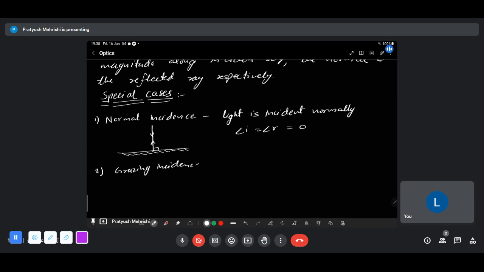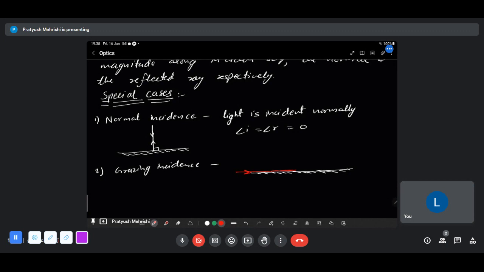Grazing incidence. What is grazing incidence? Grazing incidence is when the light ray is just touching the mirror and is incident parallelly like this. Light is incident parallel to the mirror. This is called grazing incidence.